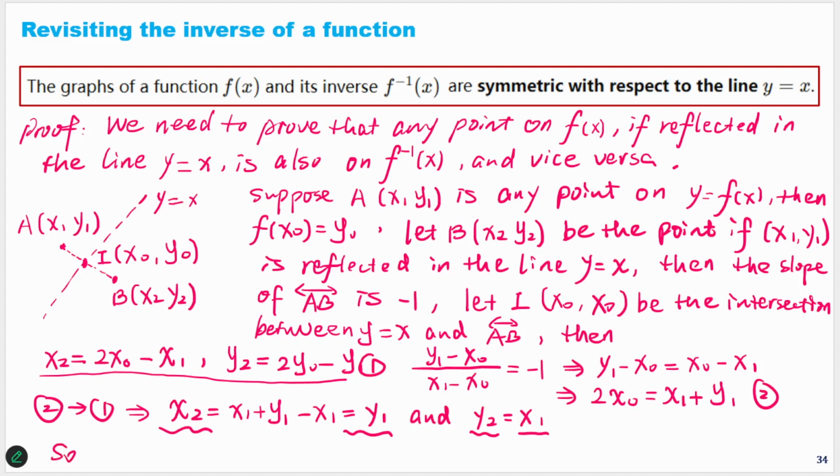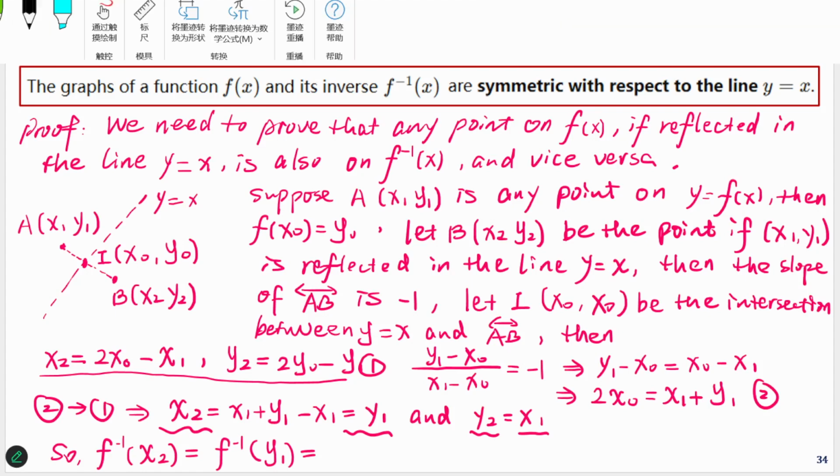So, what do we have here? Inverse of f of x2 equals, so what is x2 here? We have just proved x2 is actually y1, right? So that equals inverse f of y1. What is inverse f of y1? We know that under the effect of f, it maps x1 to y1, right?